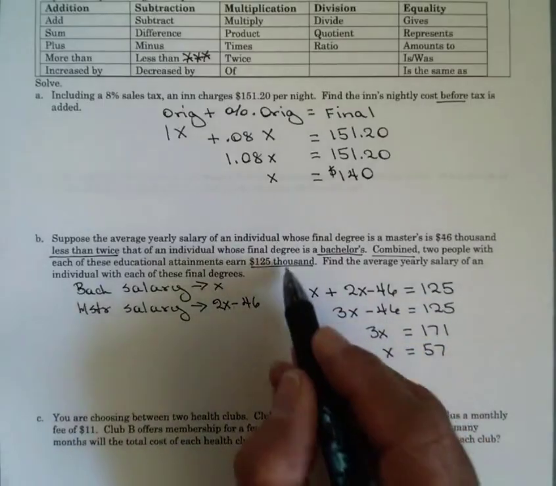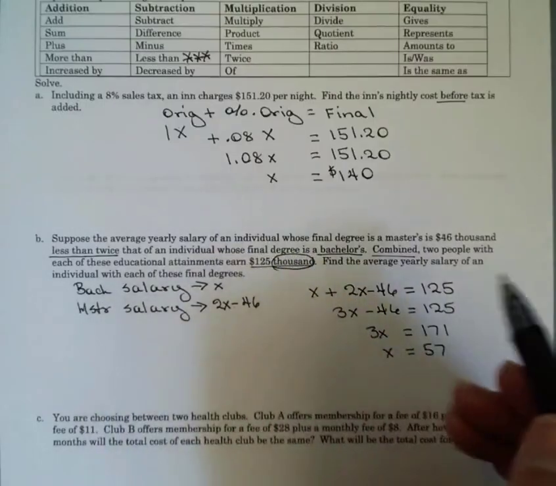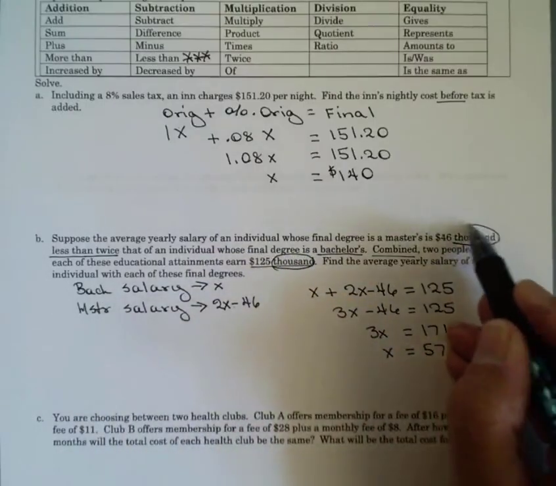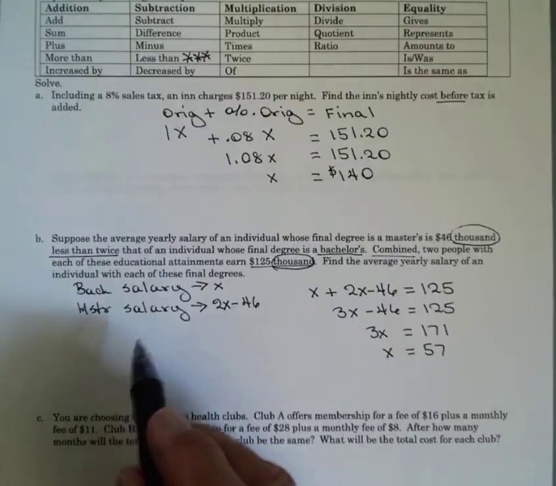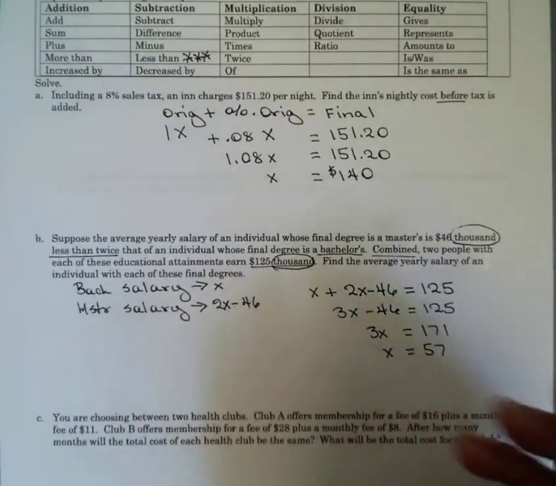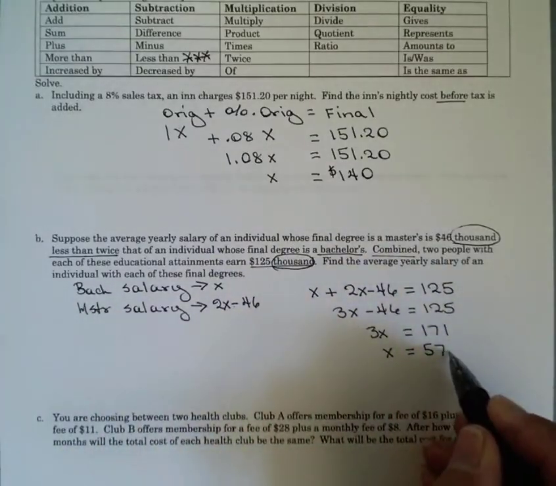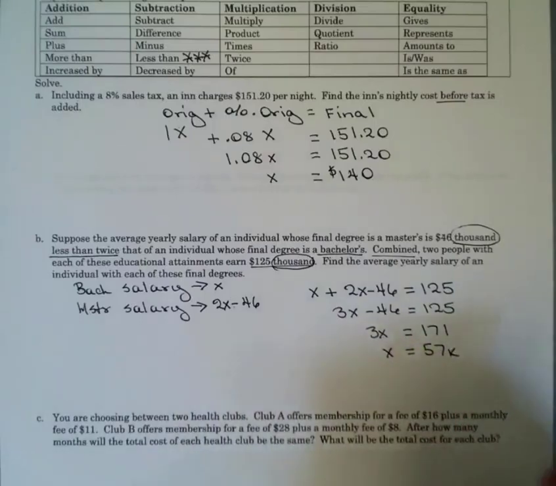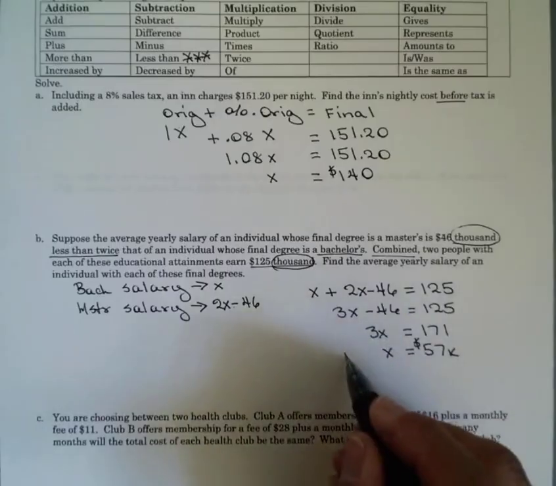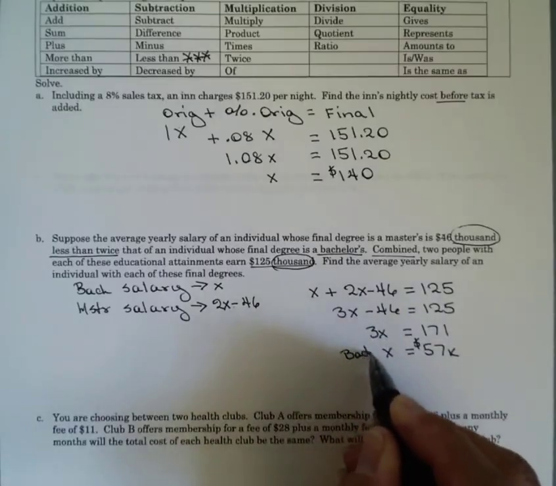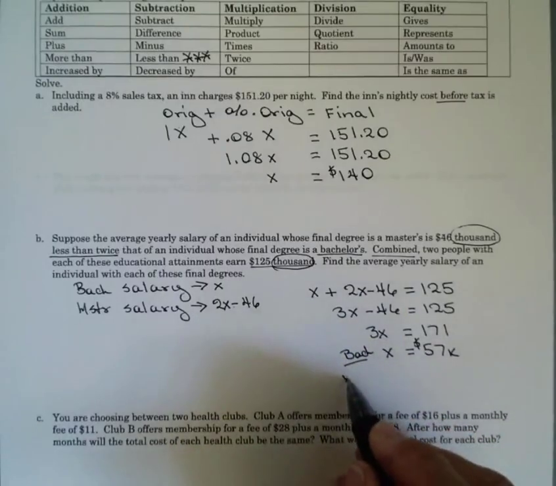57 what? Well, everything written in this problem was talking about thousands. That's why I didn't write out all those zeros, because everything was in the same terms. We can say 57,000, and you know that K means thousand. So it's $57,000 for the bachelor's, isn't it? So what's the master's salary?